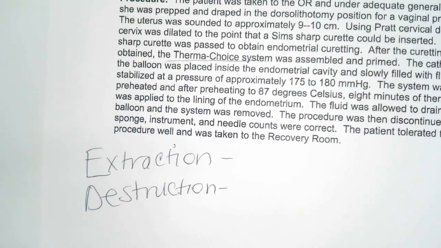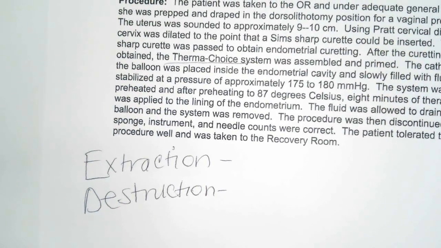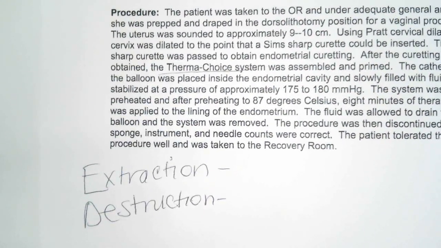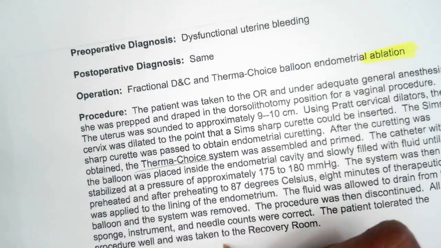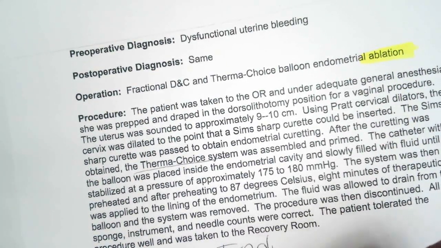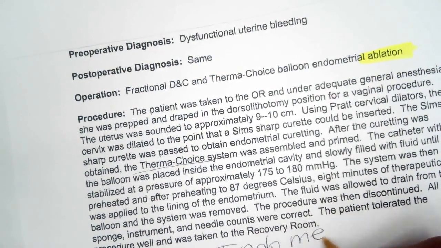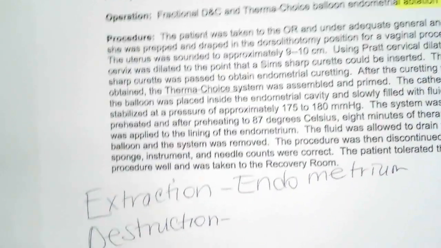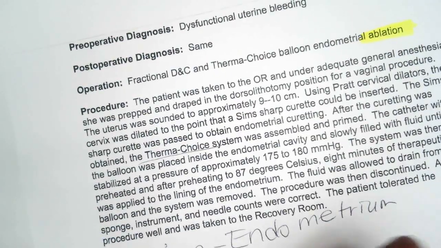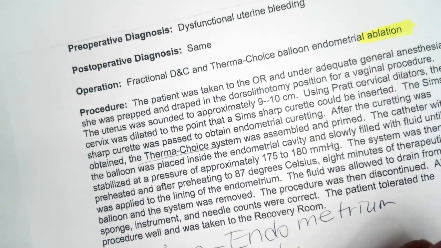This is where we begin, and you have to pull out key aspects of the record. Extraction of what? Well, what have they been talking about? The endometrium. And what area was destroyed? It was also the endometrium.